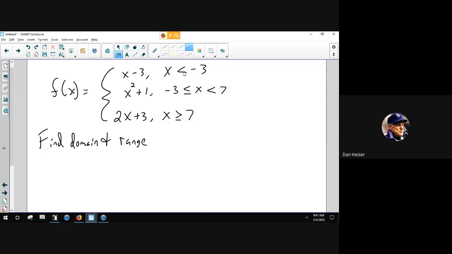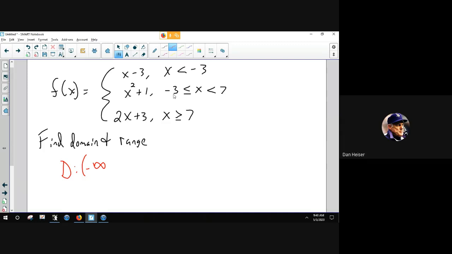X is less than -3. X has no lower limit. No lower limit on x. So we know it's negative infinity. And that's good all the way up to -3. But I'm not going to write -3 and then a parenthesis, because hold on. -3 is included down here.